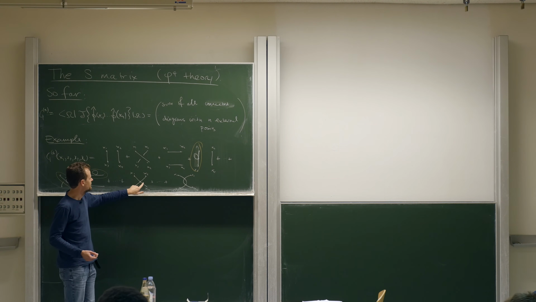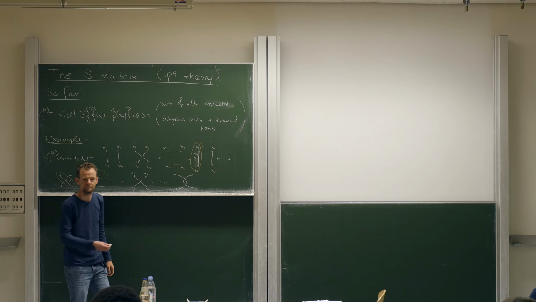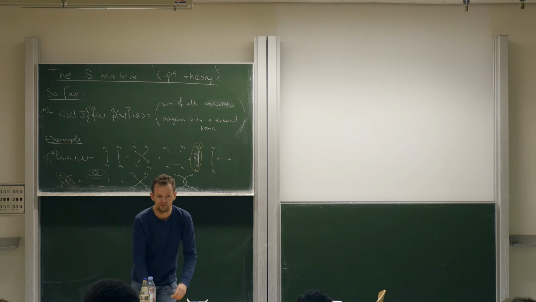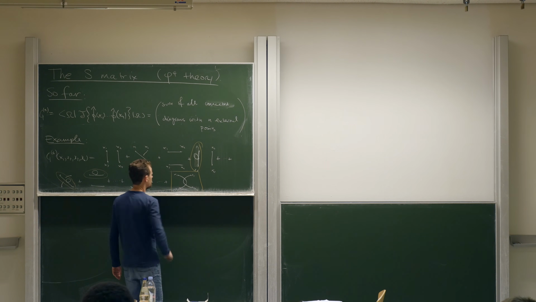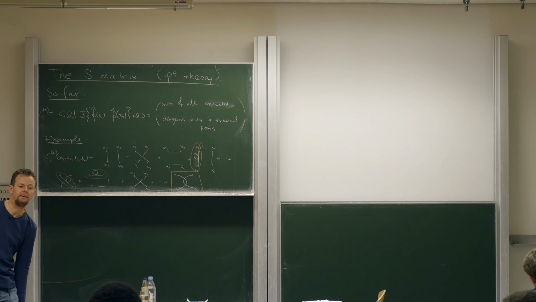And we'll see that indeed everything works fine up until this diagram here. This one here is the one that really will cause the first problems. And about that diagram, we won't have much to say in this course.